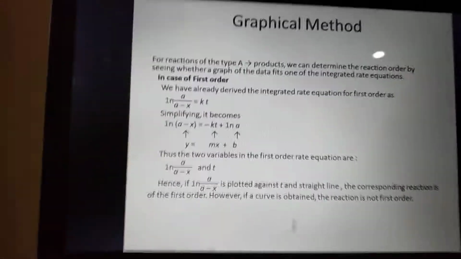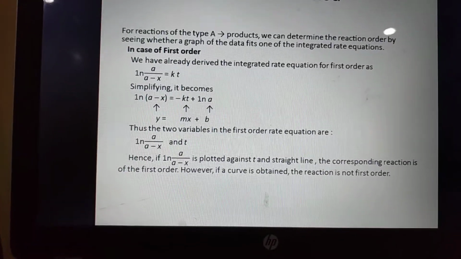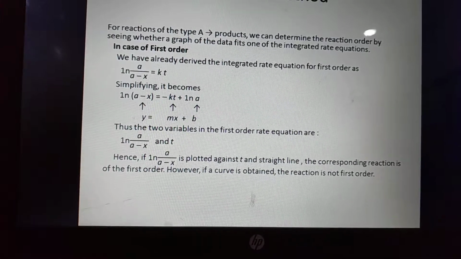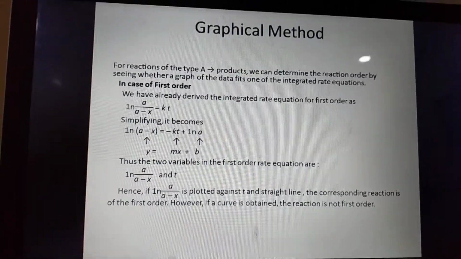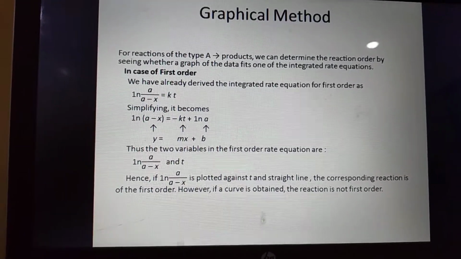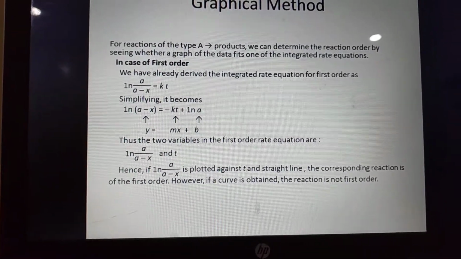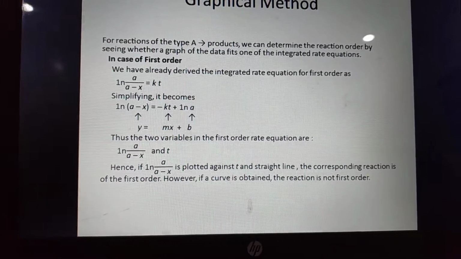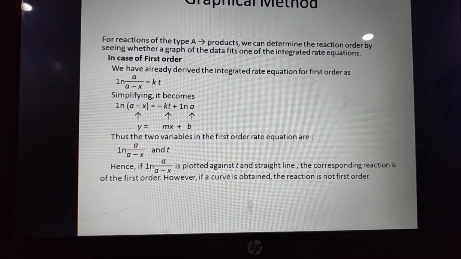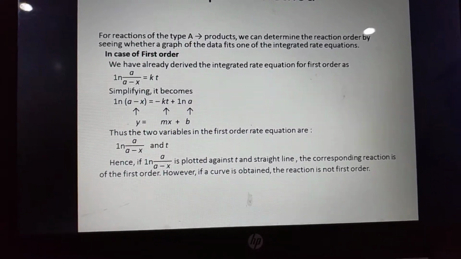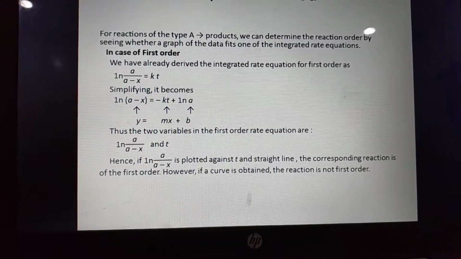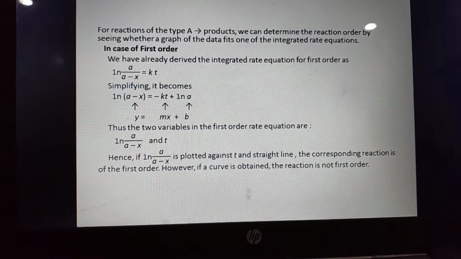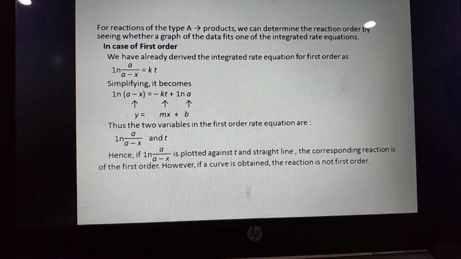In this we plot a graph for a reaction of the type A converts to products, so we can determine the reaction order by seeing which graph of the data fits one of the integrated rate equations. In case of first order, we have already derived the integrated rate equation: log a divided by a minus x is equal to kt.